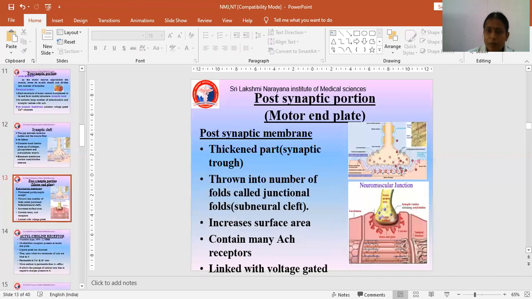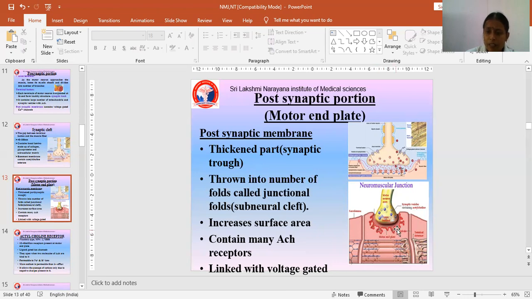The next one is the postsynaptic portion. The postsynaptic portion is the thickened part of the muscle where the nerve terminal ends. This postsynaptic membrane is thrown into a number of folds, called junctional folds or subneural clefts.